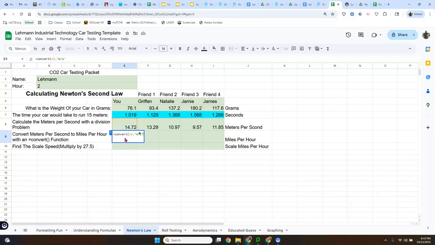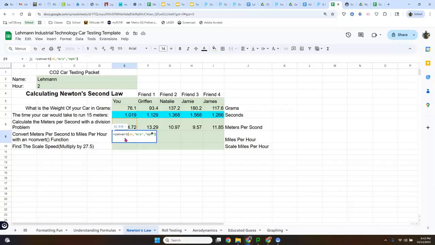So that's where it's saying what is the unit that we're starting in. And we're going to hit comma, and the next thing we're going to do is put in the unit we want to transfer it to. So once again, quotation mark, and then miles per hour, just MPH, end quotation mark, and then end parenthesis.